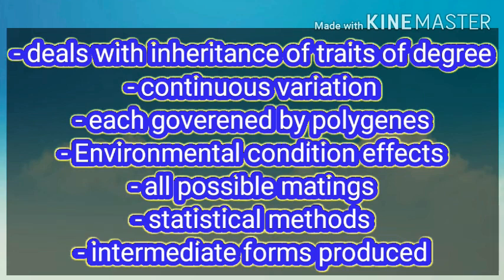Then each dominant allele expresses a part or unit of the trait. Then it forms intermediate forms in its crosses. So all these features are proved by polygenic inheritance.